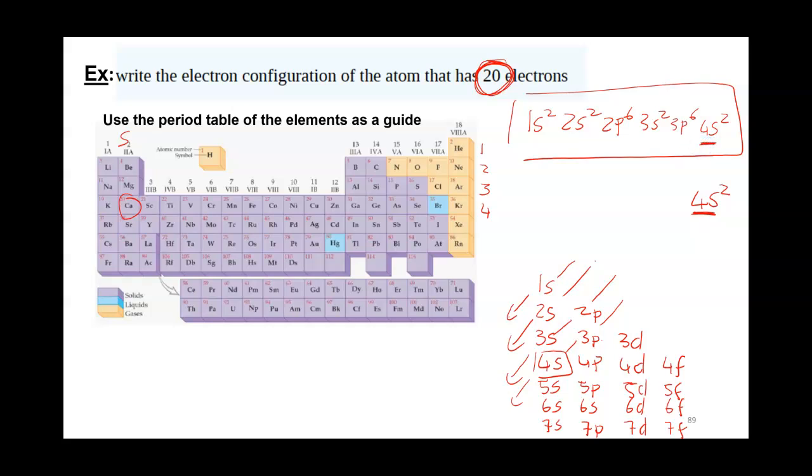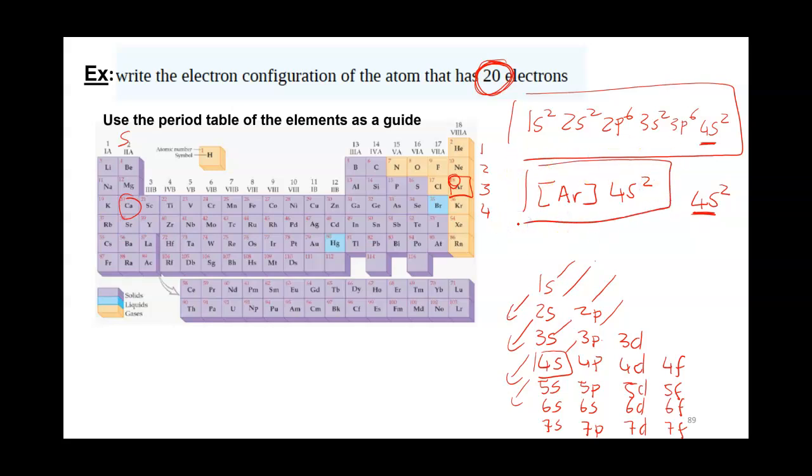Now, if I want to write the abbreviated electron configuration, I can just write the symbol of the previous noble gas in square brackets. That counts for 18 electrons, and then I just write the valence electrons outside.